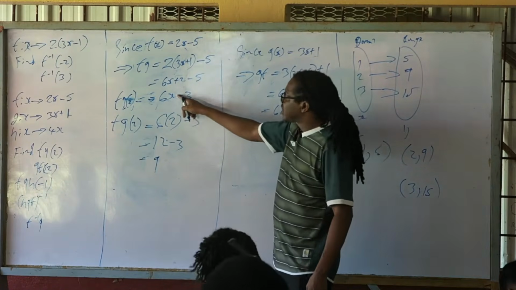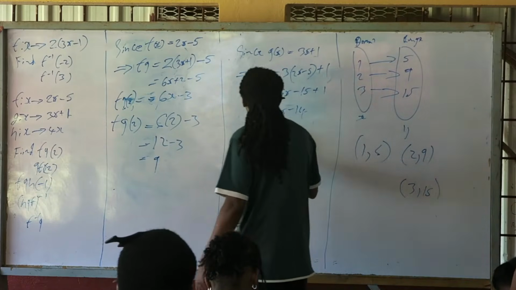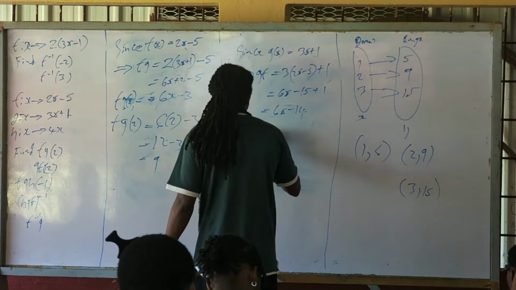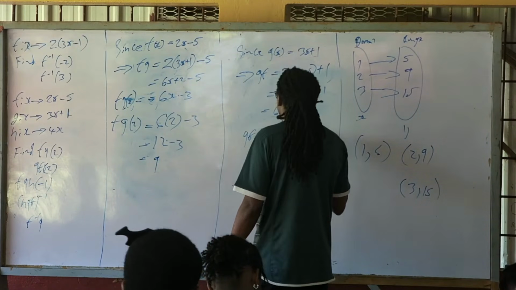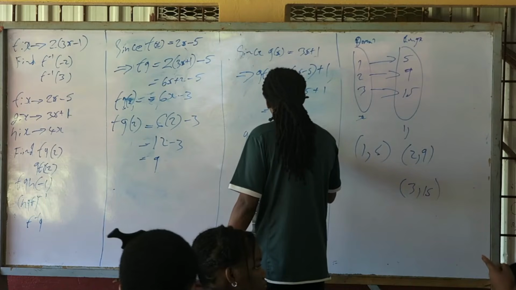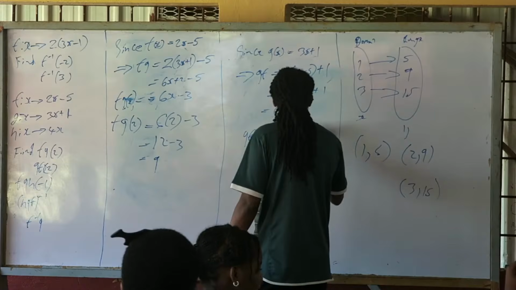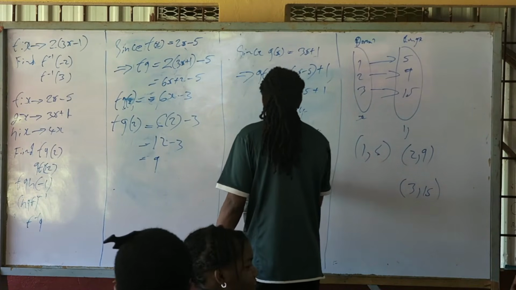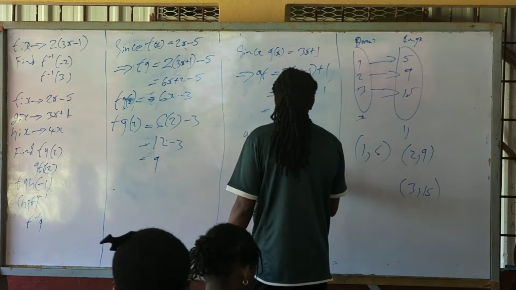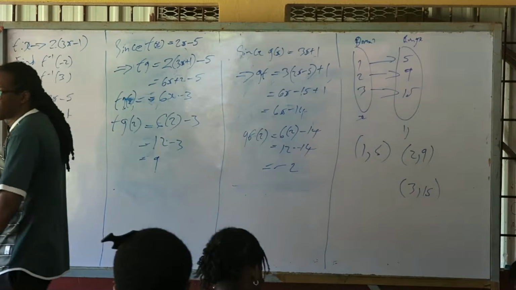F of g is 6x minus 3, g of f is 6x minus 14. So they want g of f of 2. That means this is going to equal 6 bracket 2 minus 14, equal 12 minus 14, equal, take the sign of the 14, 14 minus 12, 2. Everybody see that?